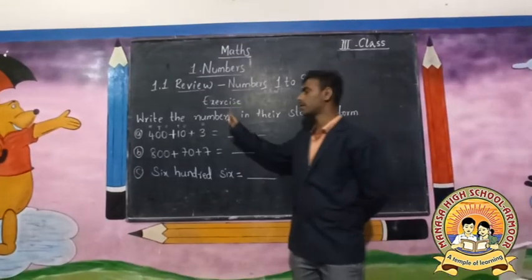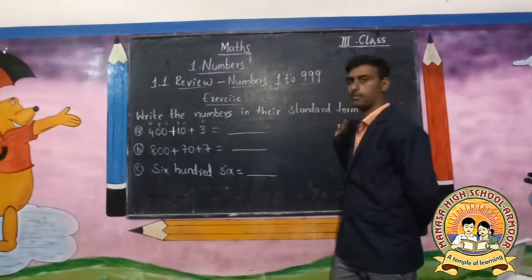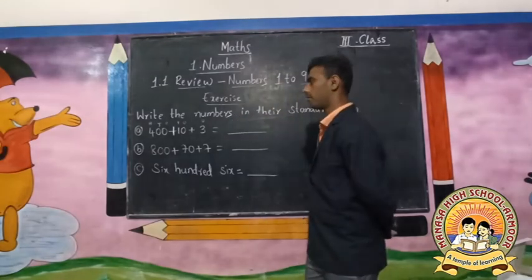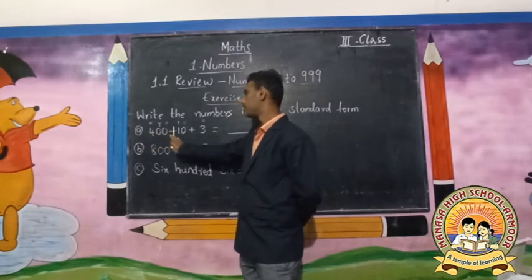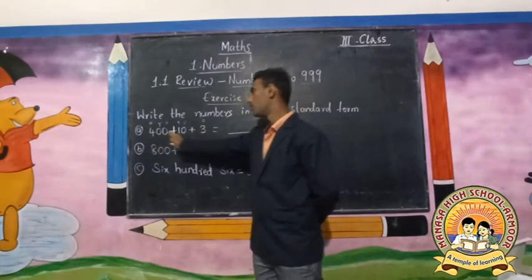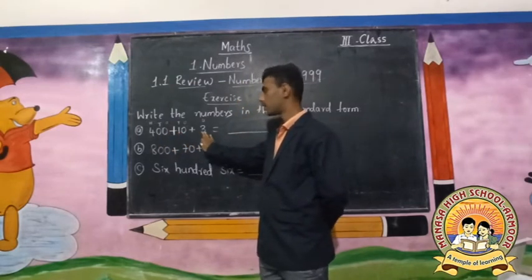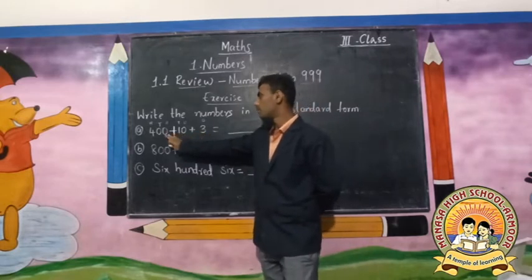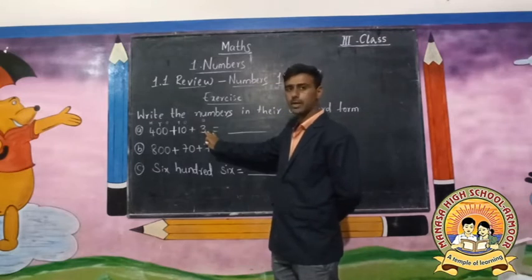Children, let us go to the exercise. Write the numbers in their standard form. So your first question: 400 plus 10 plus 3. So children, look at the numbers. Here we have to divide into places.